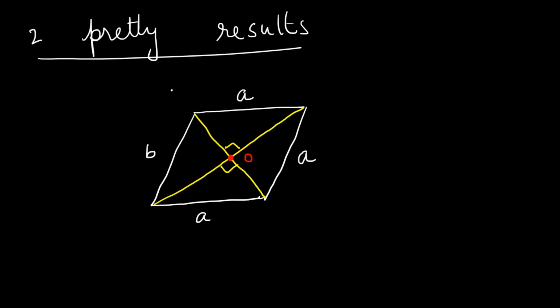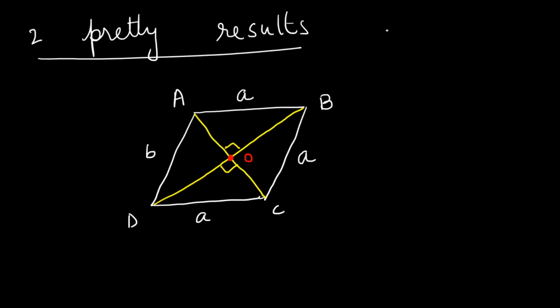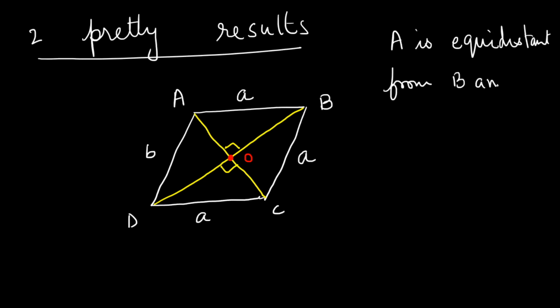Okay, so this can be proved in just two lines, I think, thanks to our favorite theorem. So the way it goes is A is equidistant from B and D. That's the first statement.